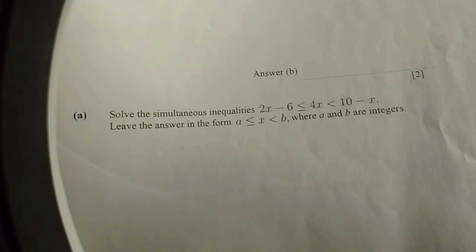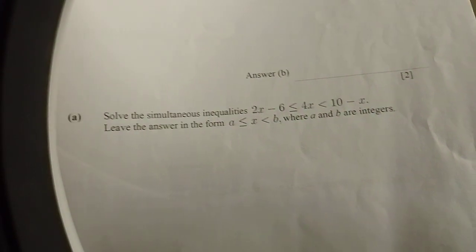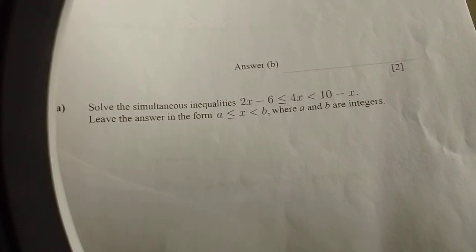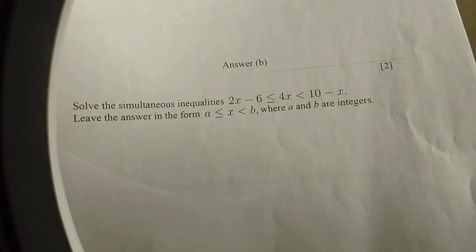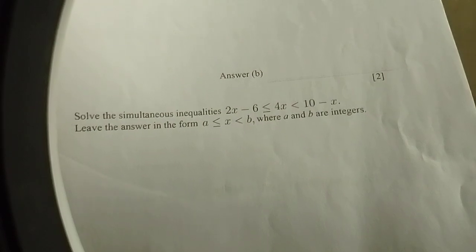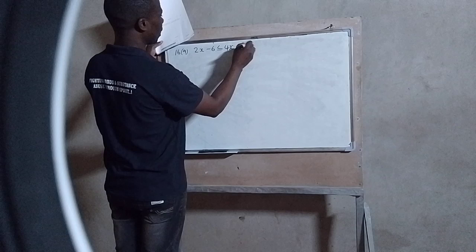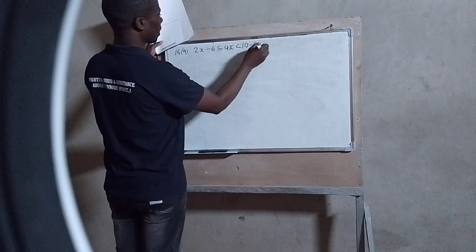Solve the simultaneous inequality 2x minus 6 less than or equal to 4x less than 10 minus x. Leave the answer in the form a less than or equal to x less than b, where a and b are integers. It is worth 3 marks.